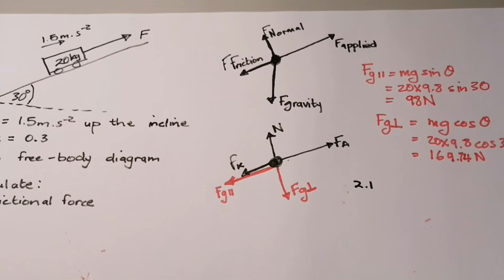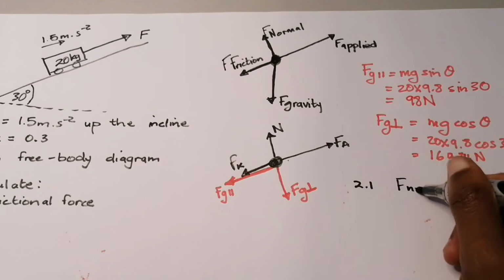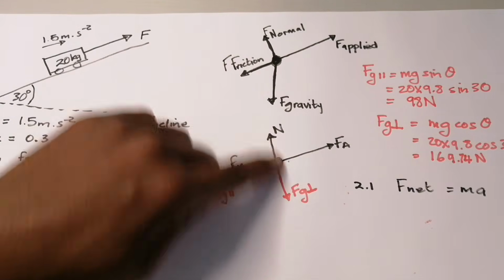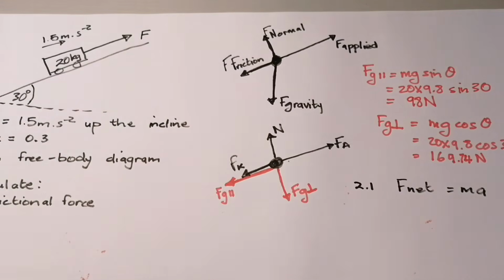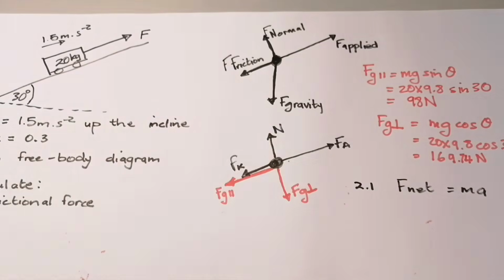Very simple, right? I'm going to say, in this case, I know that F net is equal to ma, but which forces am I taking? I'm taking the sum of forces in the vertical. Why am I looking for those forces? Because in order for me to calculate friction, I need the normal force. And the normal force is part of the forces that are perpendicular to the incline.